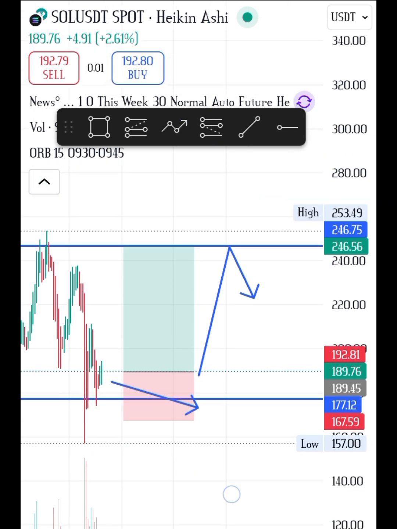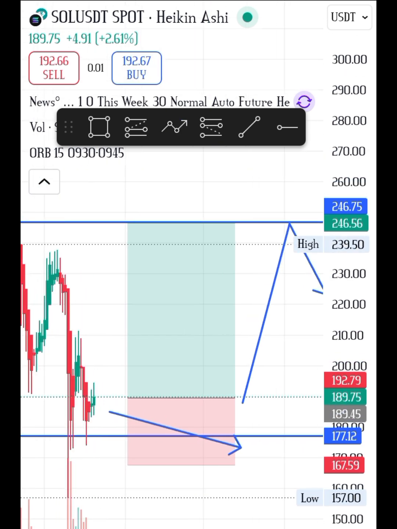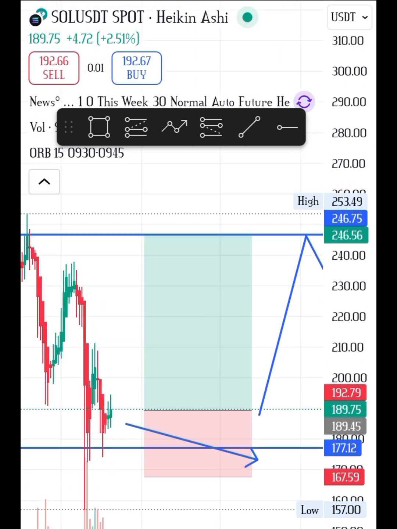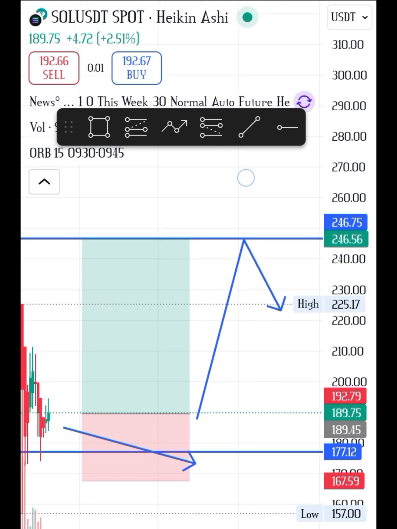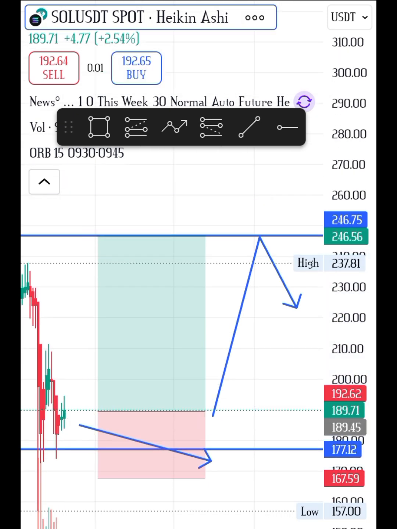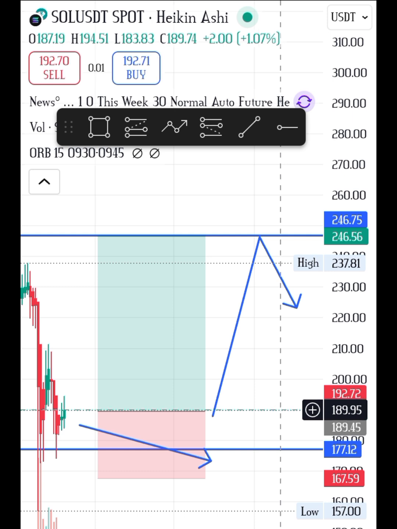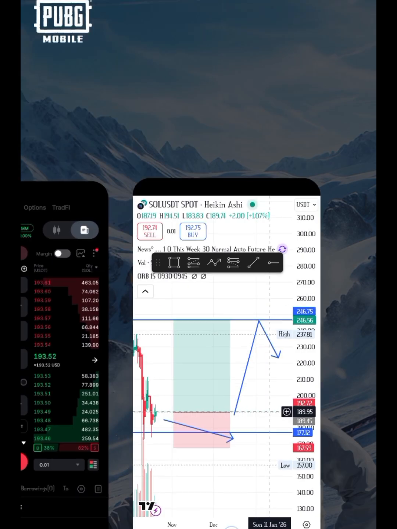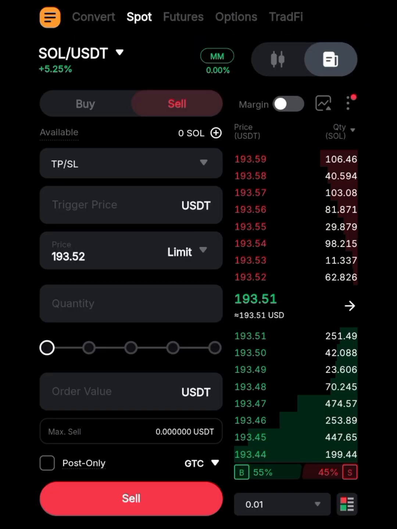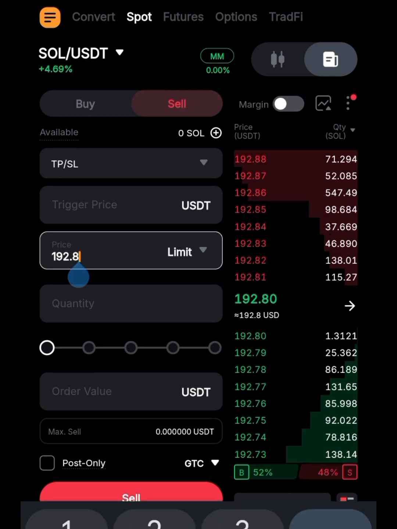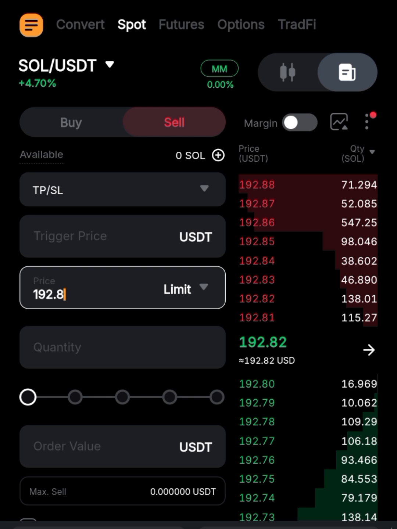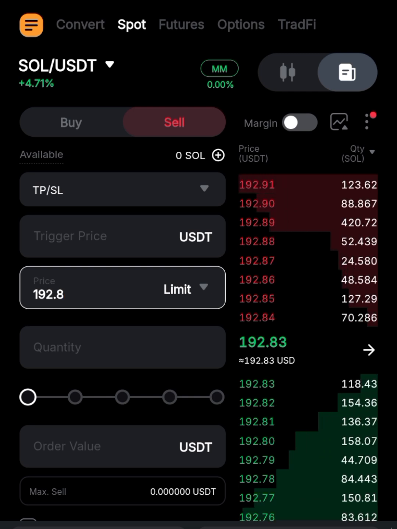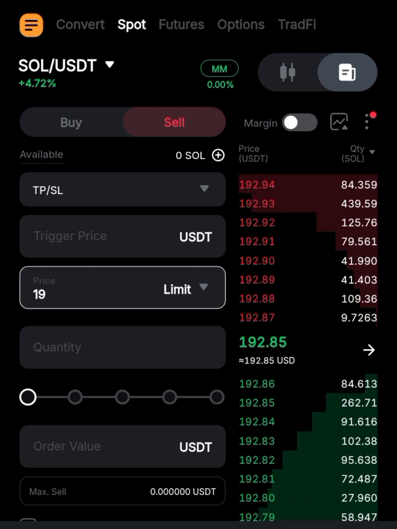Now if you want to put this in our Bybit, we have to find out the whole area. The first thing is the current price where we are buying it, $190. So we'll go over to Bybit. Remember, we're not buying at 192, we're buying at 190.